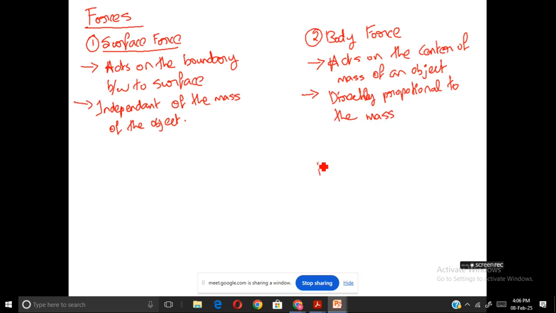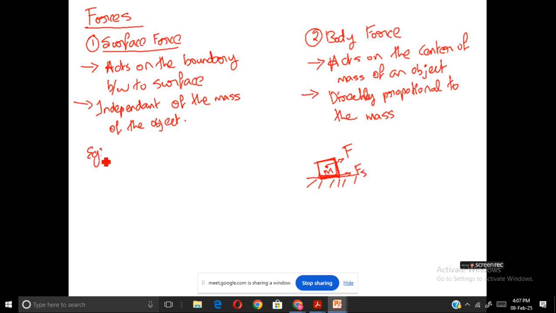So suppose there is a body M on a surface like this. The force acting on the center of mass of this object is known as body force, and the frictional force acting on the boundary between the object and the surface is Fs, a surface force.